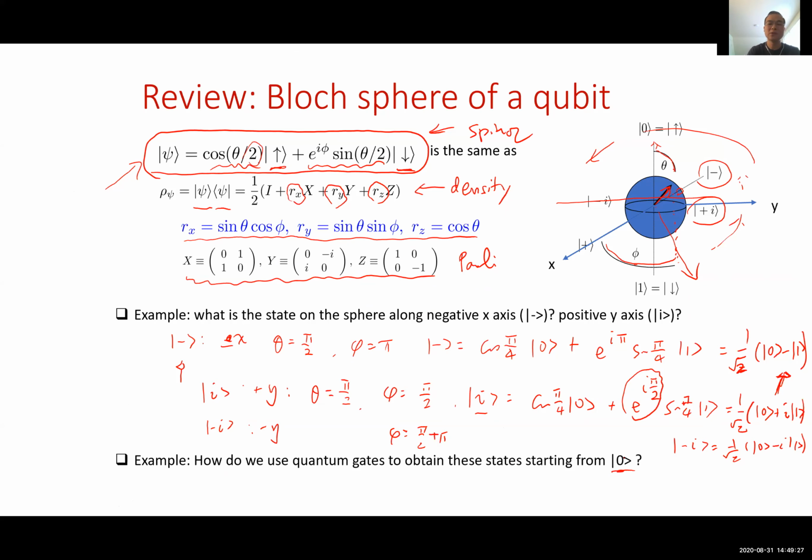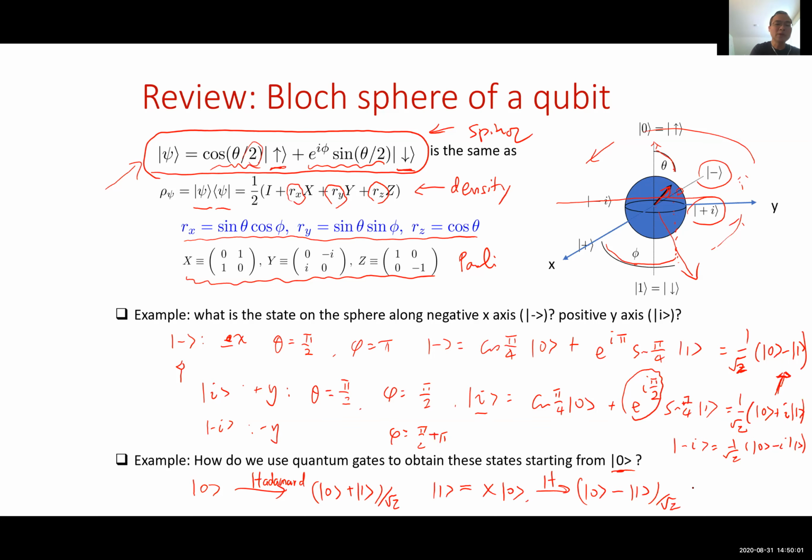So starting from 0, remember we talked about using the Hadamard gate. We get 0 plus 1. But if we start with 1, we can use the NOT gate to flip, and then you go through the Hadamard gate, you would get this.